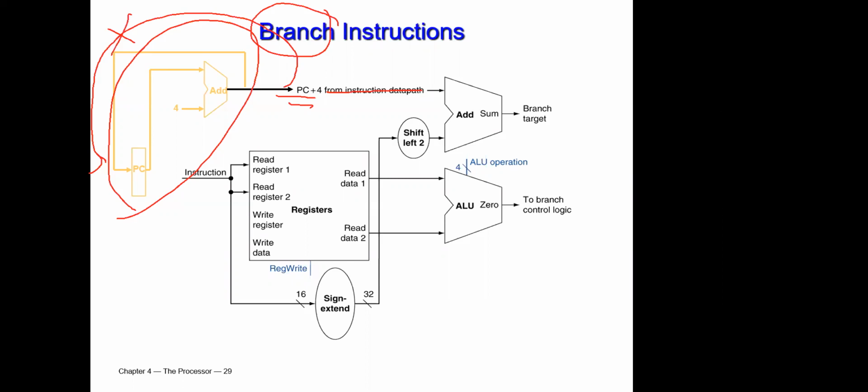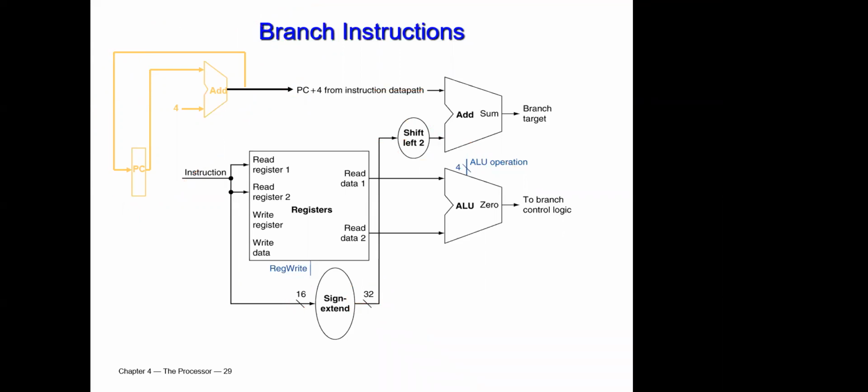First of all, I have to extend this from 16 to 32 bits, correct? After that, I need to multiply it by 4, meaning I need to shift left by 2. After the shift left by 2, I add this to the program counter plus 4. And now I have my branch target, which will update that value.